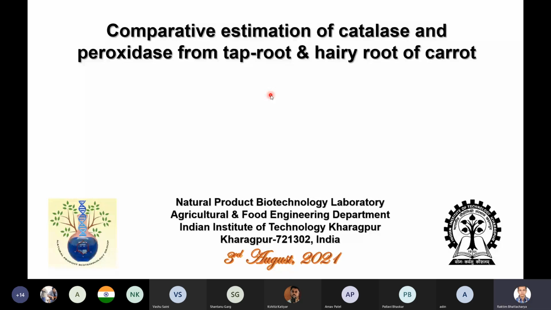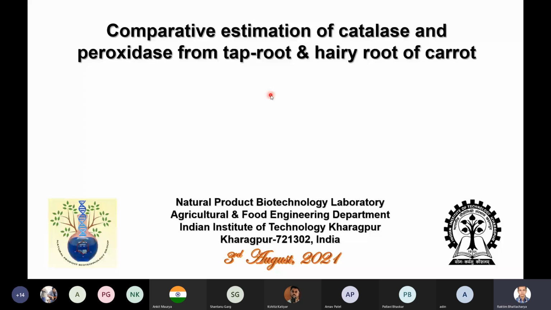So to determine how they are affected physiologically, or whether the tissue culture plants are responding well physiologically, we need to calculate the enzyme activity. These two enzymes are very well representative of the whole physiologically active enzyme class of the plant system. So for this class, we have chosen catalase and peroxidase.